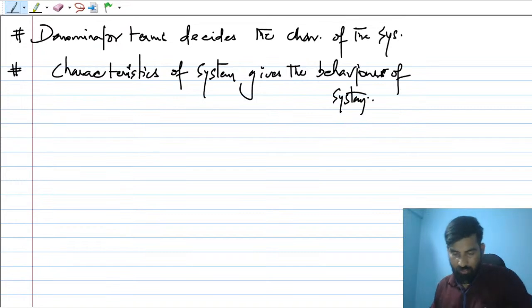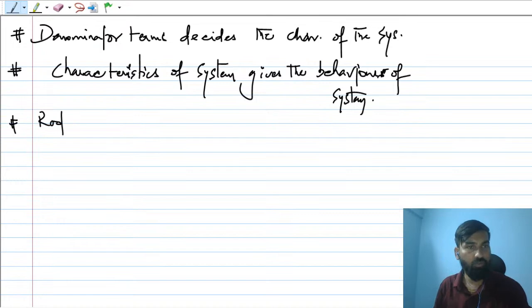So 1 plus G(s)H(s) equal to 0, and the roots of the characteristic equation are known as roots of CE. I have told you already, they are the poles.